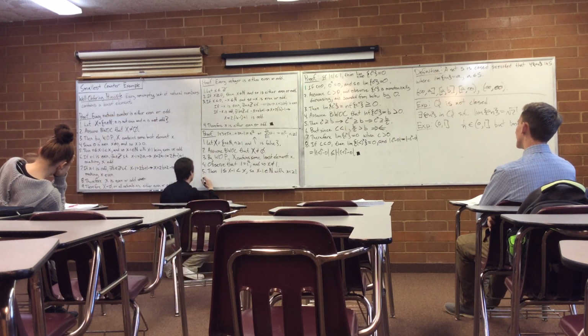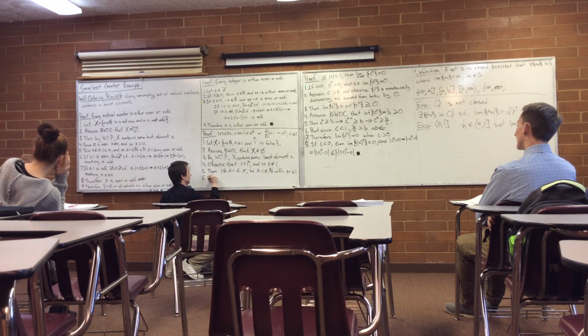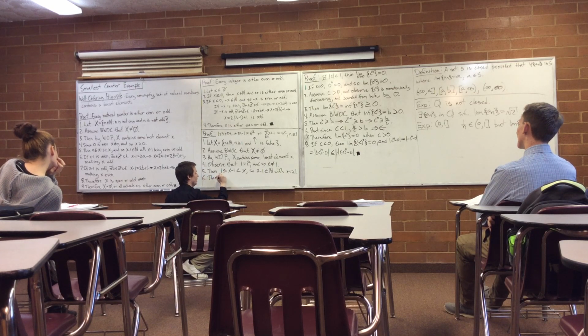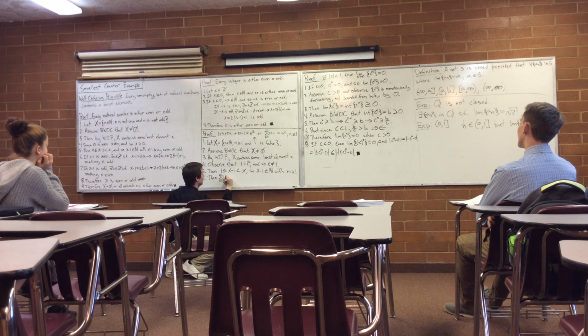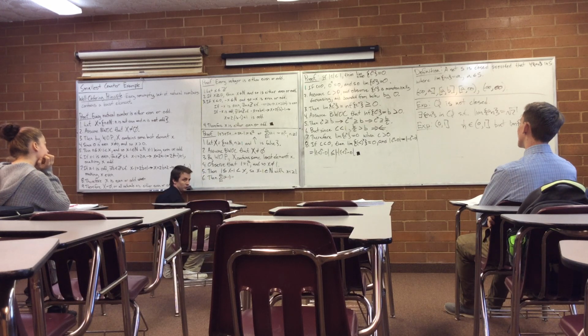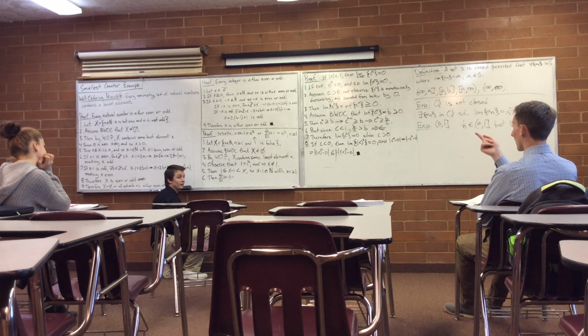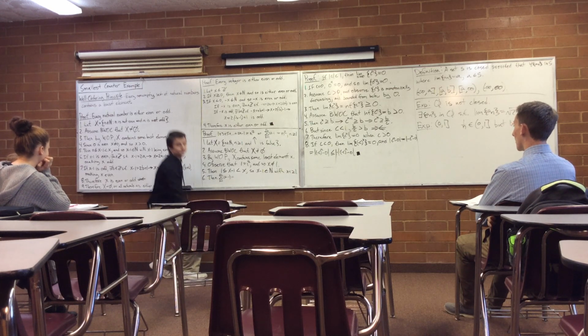Okay. 6. Then the sum from k equals 1 to x minus 1 of 2k minus 1 is equal to... will it be equal to that, wouldn't it? I don't know. No, wait.